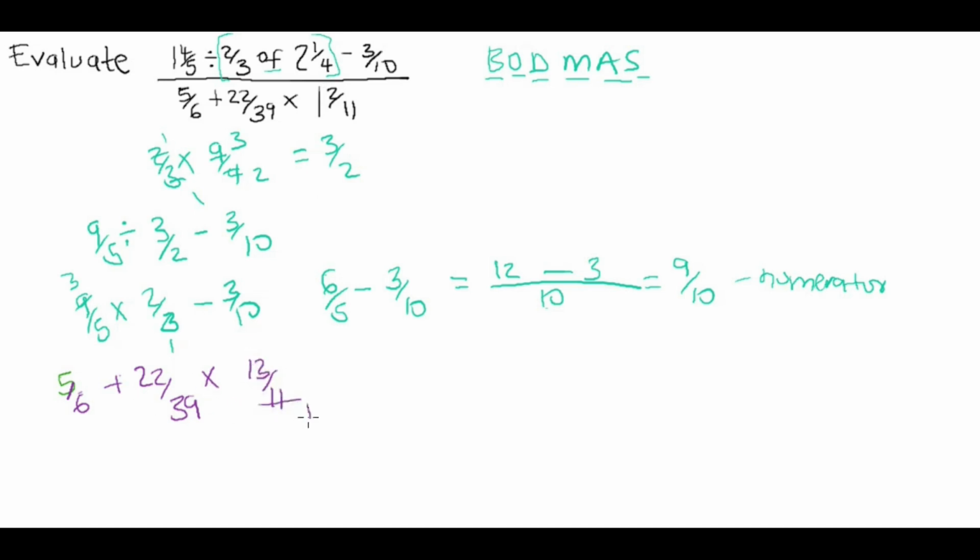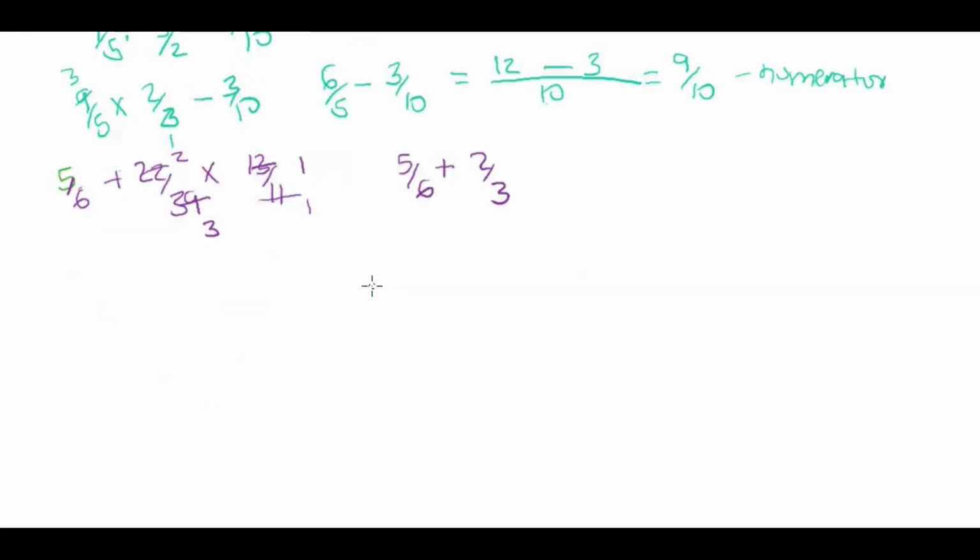So we can cancel: 11 goes into 22 two times, 13 goes into 39 three times. So it is 5/6 plus, you are left with 2/3. So the LCM is 6. 6 goes into 6 one time, 1 times 5 is 5, plus 3 goes into 6 two times, 2 times 2 is 4, which equals 9/6.